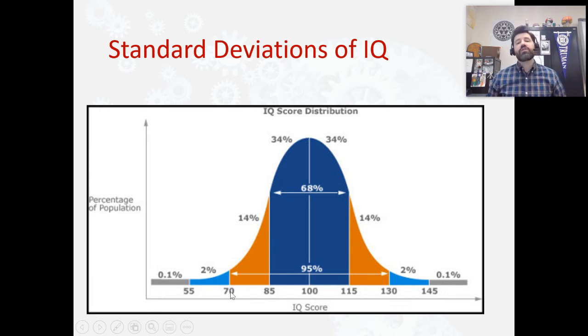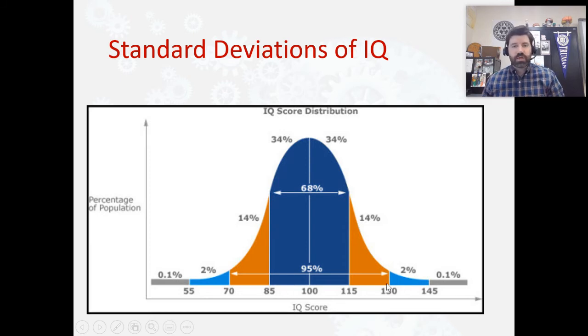So if the average IQ is 100 and the standard deviation for IQ is 15 points, that means that 95% of the population has an IQ between 70 and 130.